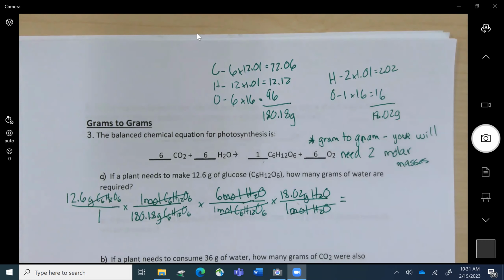Anytime you do it, you will have to find 2 molar masses. If you're starting with so many grams and going to grams of something else or trying to find out what you need, you will have to do this.